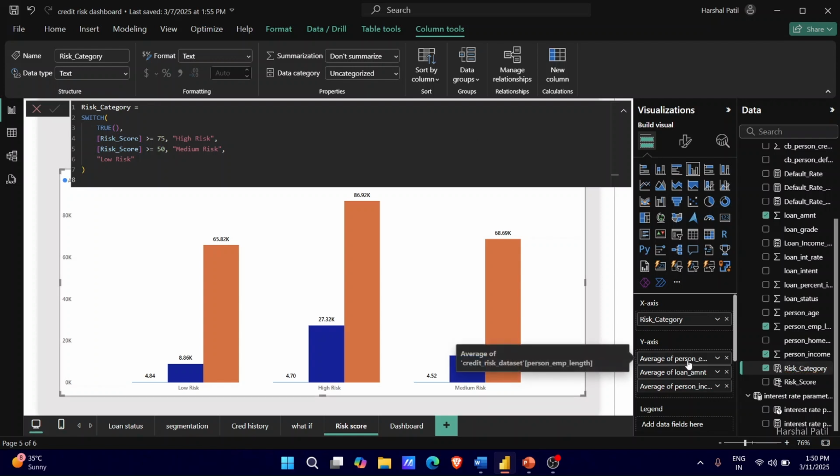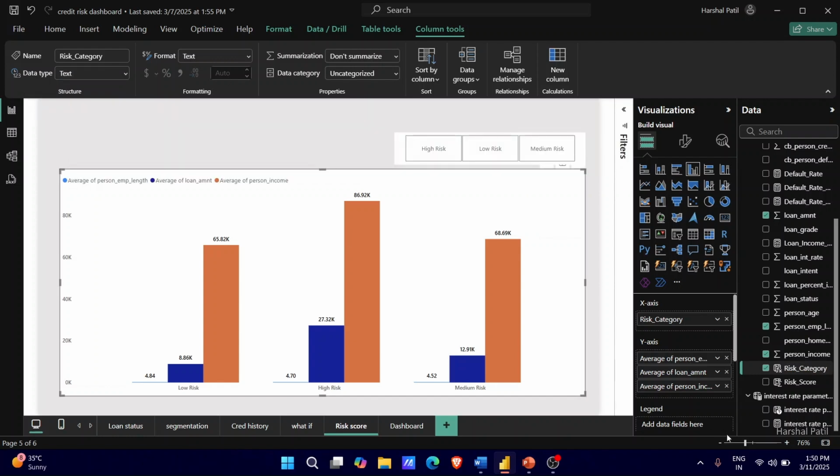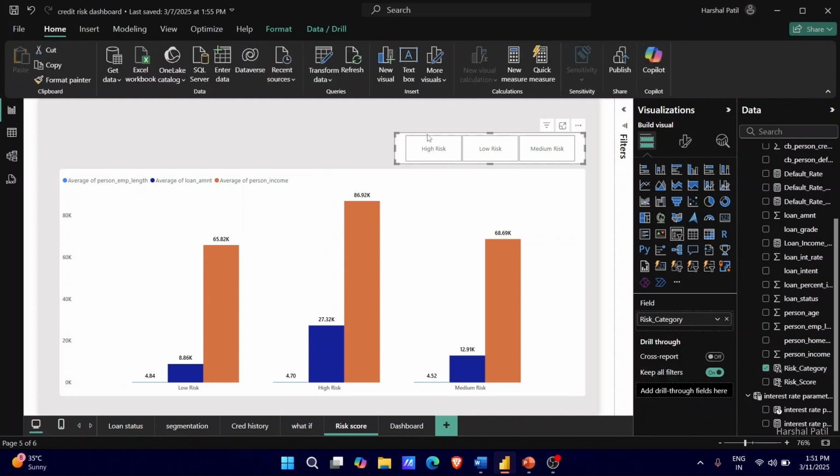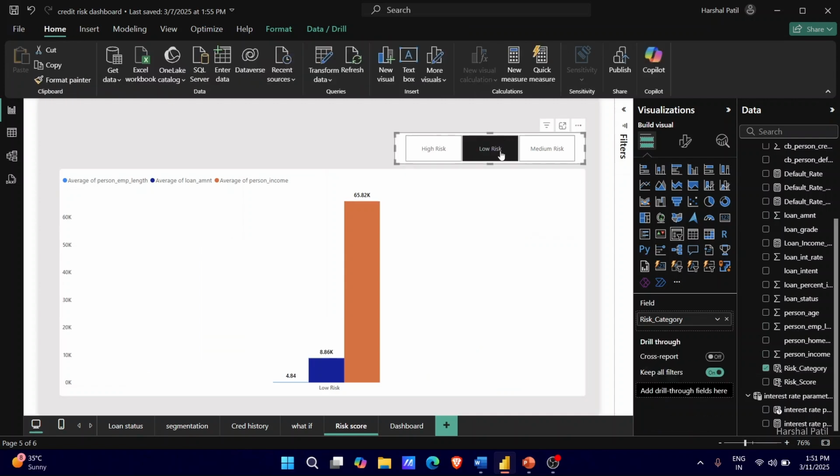And then we've got the average of person employment length, average of loan amount, and average of person income. From that, we calculated the loan risk score according to the person employment length, loan amount, and person income. Here we can select the risk levels: medium risk, low risk, and high risk.